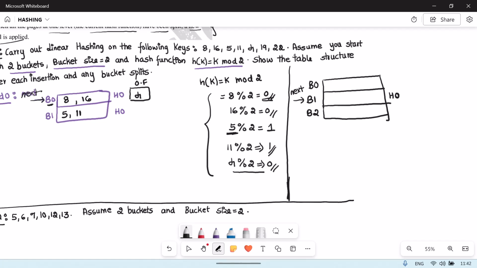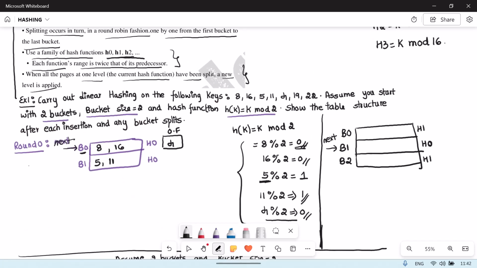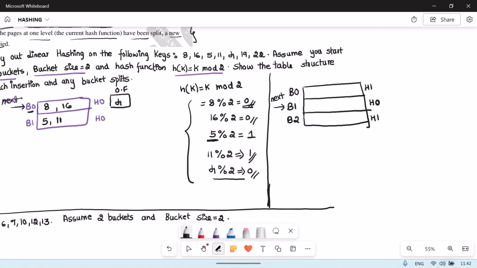Wherever the splitting has happened, there you will have to apply H1. If you remember, every function's range is twice that of its predecessor. So now H1 will be whatever key you have, mod 4.